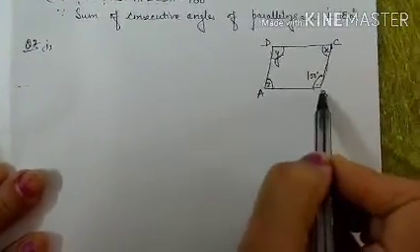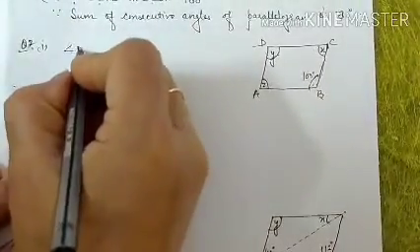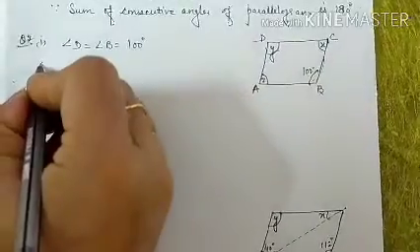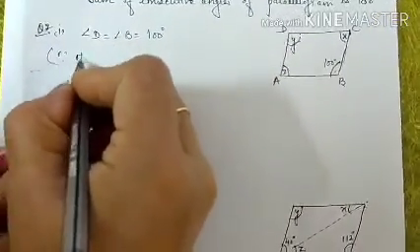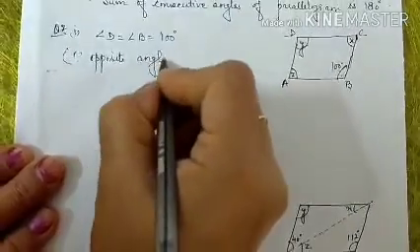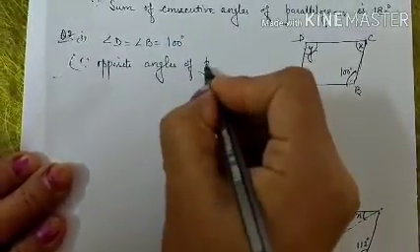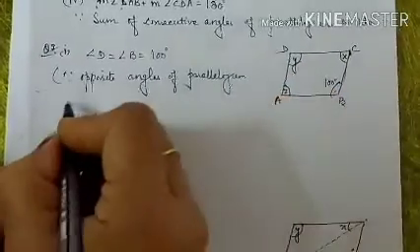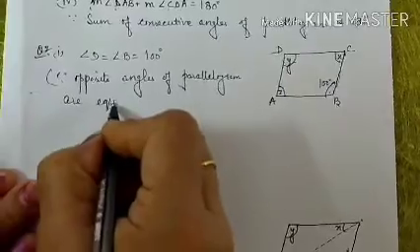So y is equal to 100 degrees. So angle D equals angle B equals 100 degrees, because opposite angles of a parallelogram are equal.